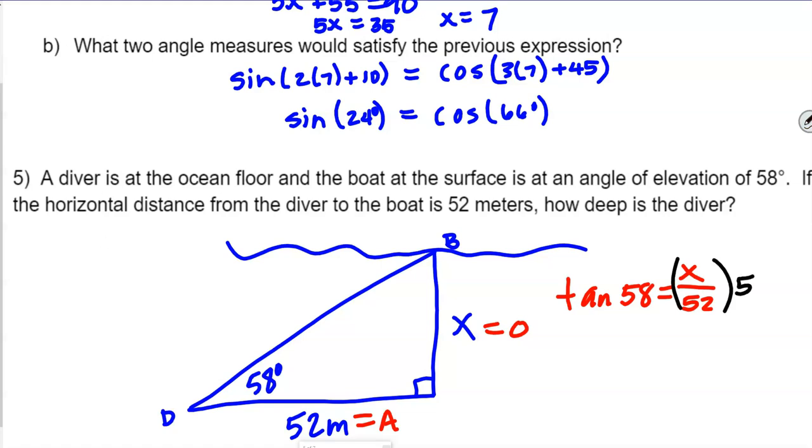So we multiply by 52 here and there. That's now gone. Just put that in the calculator: 52 tan 58. I got to look at my paper, y'all. So x is equal to 83.2 meters. Okay.